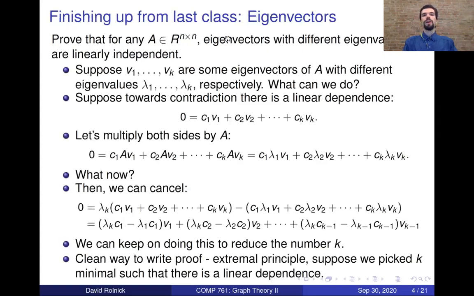Where did we use the fact that the eigenvalues were different? Good question about the previous proof. If the eigenvalues were the same, then these two could have actually been exactly the same linear dependence.